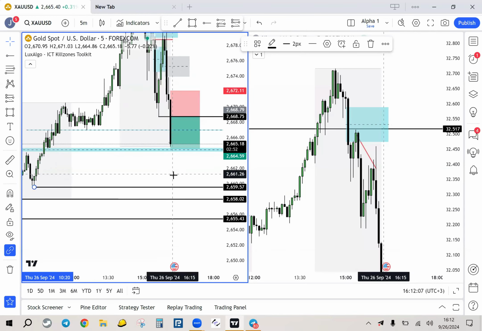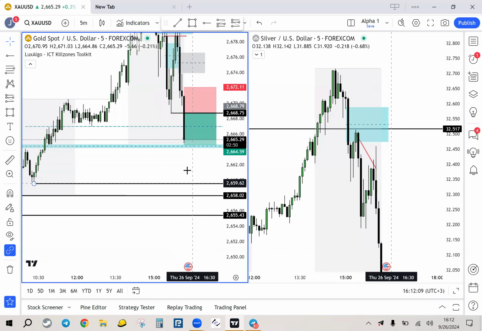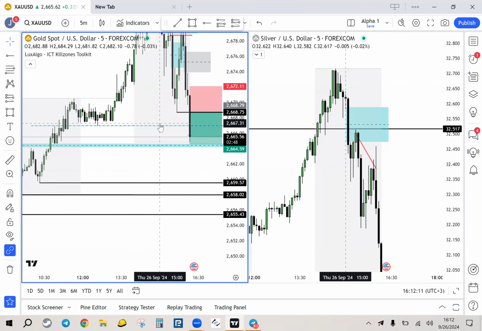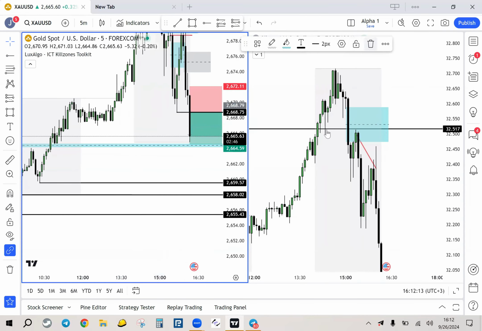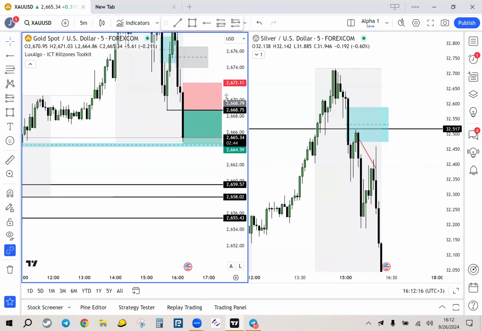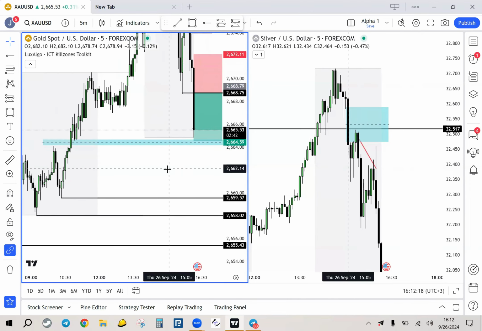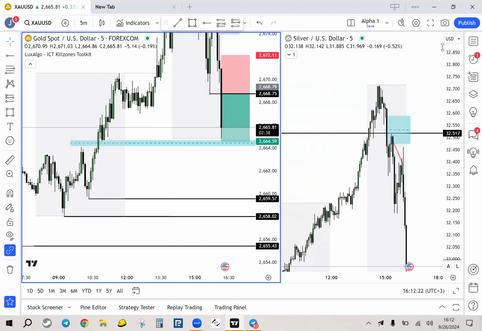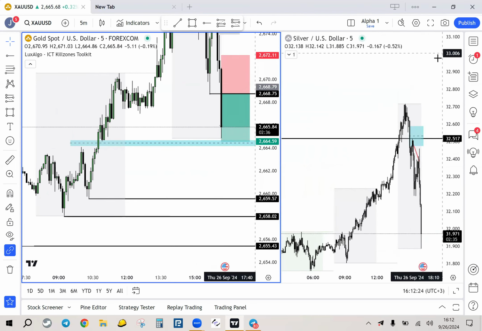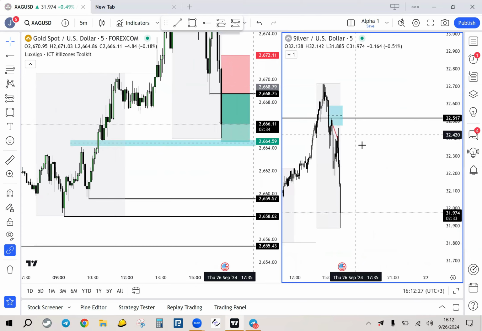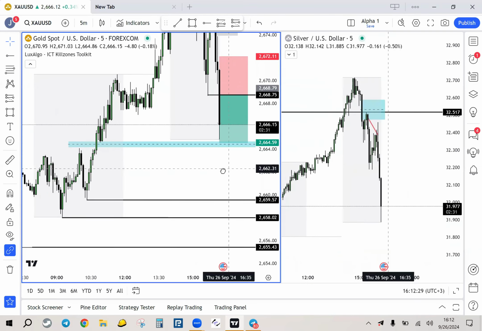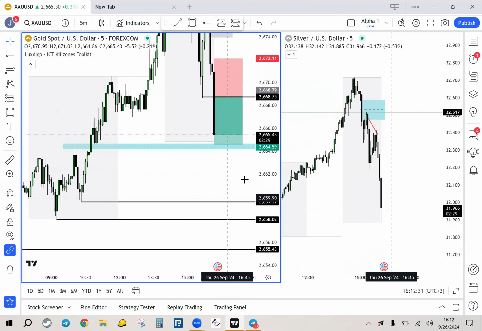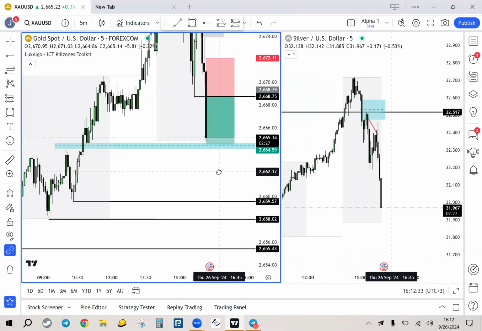Okay, so we like the momentum, okay, but this fair value gap, we can just remove it because it just punched through it without even caring about it. And let's see when it reaches into this fair value gap, the one on the 1 hour.